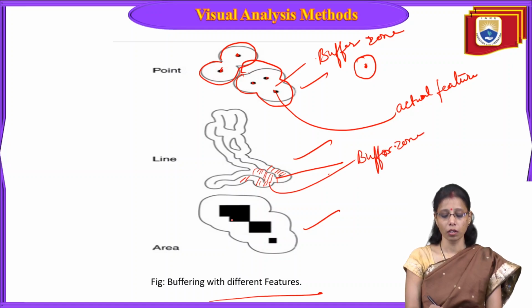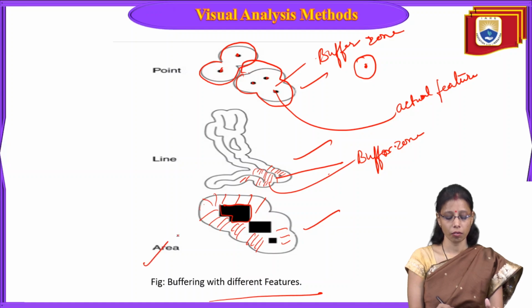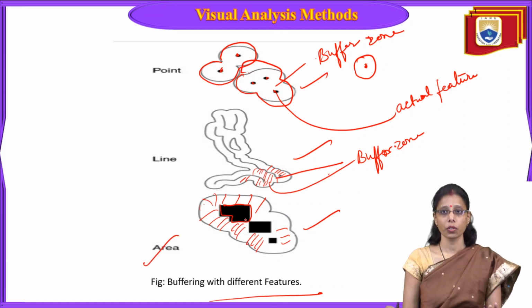Same thing for a polygon. If you have an area, the buffer zone can be created for the vector as well as raster. Now this is like a pixel you can see here, and around this pixel the zone is created. So these are all buffer zones, the buffer zone around the area.